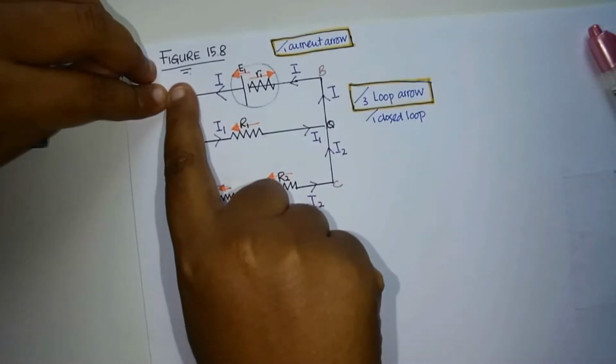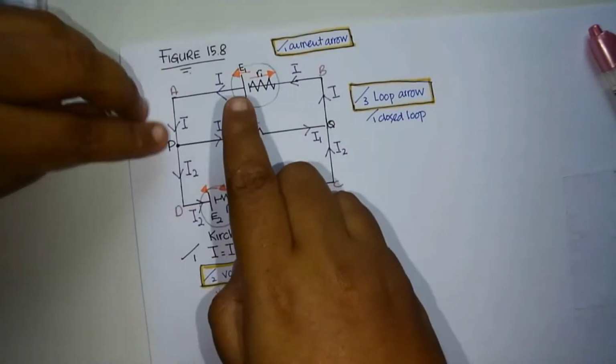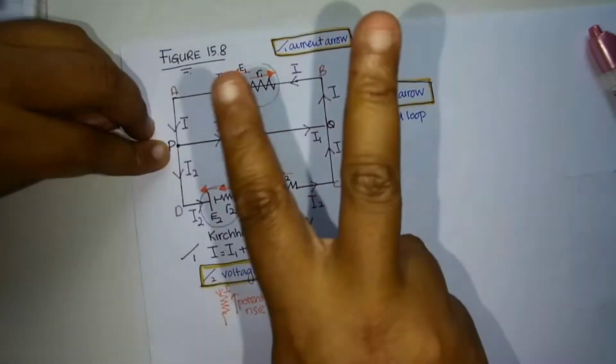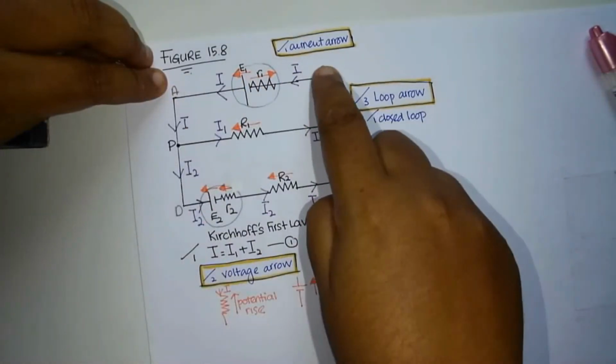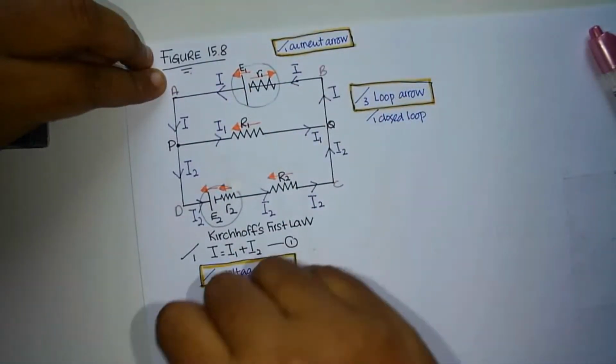One is A, B, Q, P, A. Two, P, Q, C, D, P. Three, A, B, C, D, A. So there are 3 loops.